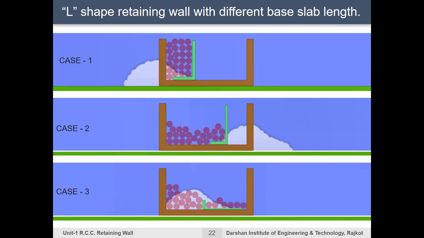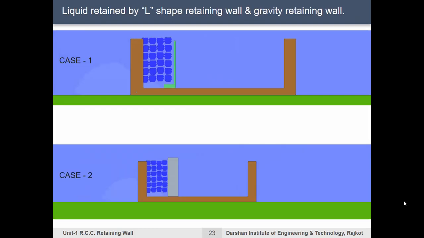Okay, now the question may arise: can a retaining wall be used in a dam-like structure? What happens if the granular material is replaced by liquid? Let's see that in this slide. You might be surprised that L-shaped retaining walls are seldom used as dams.